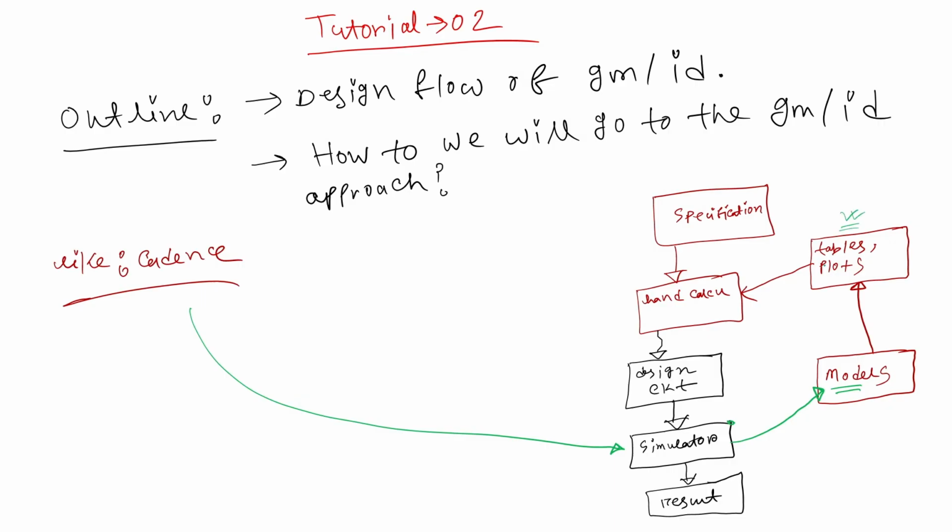From the plots and tables, we look up our desired values, then use those values in our hand calculation. So there is no chance of mismatch. It means that the simulator and the hand calculation parameters both actually come from the model libraries. There is no difference between the models and the plots; we are actually using the same thing.